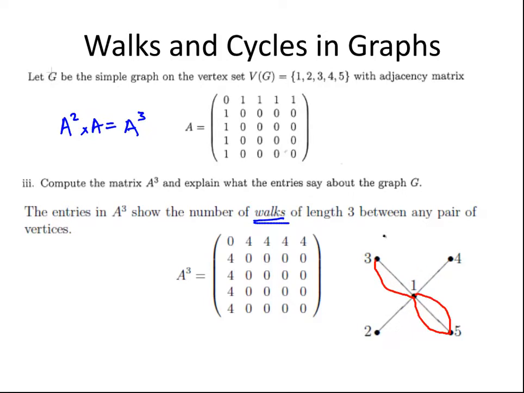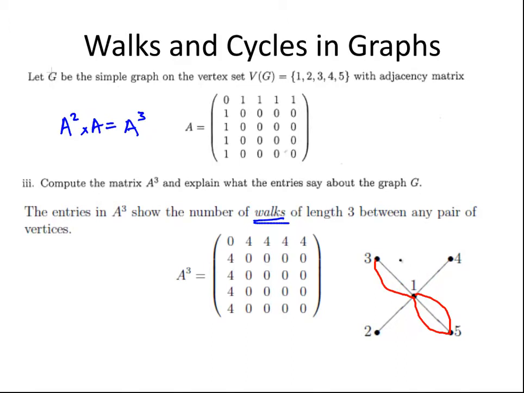For example, we started at 3, it went to 1, then down to 5, and then back to 1. There's no way to get a walk that starts at any of the other vertices and doesn't end at 1.